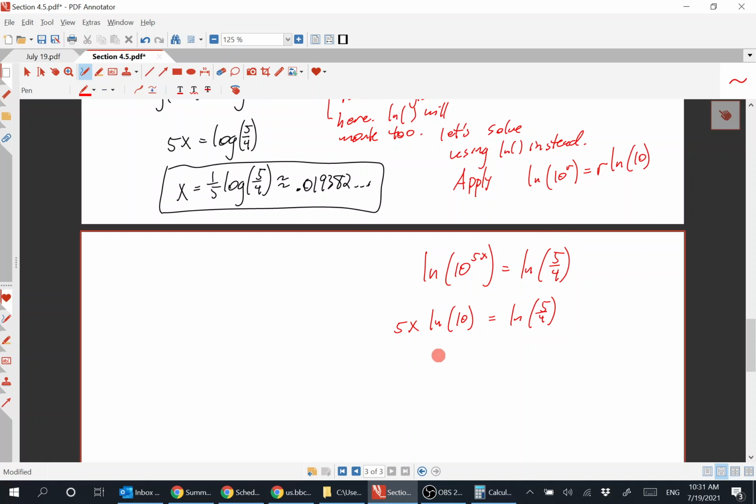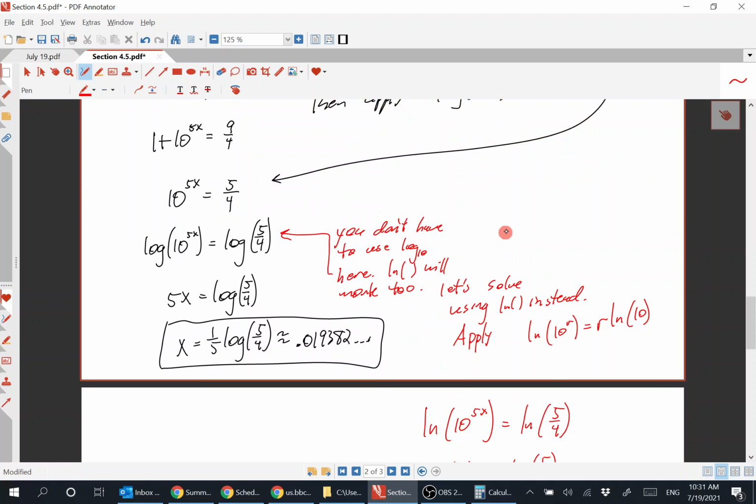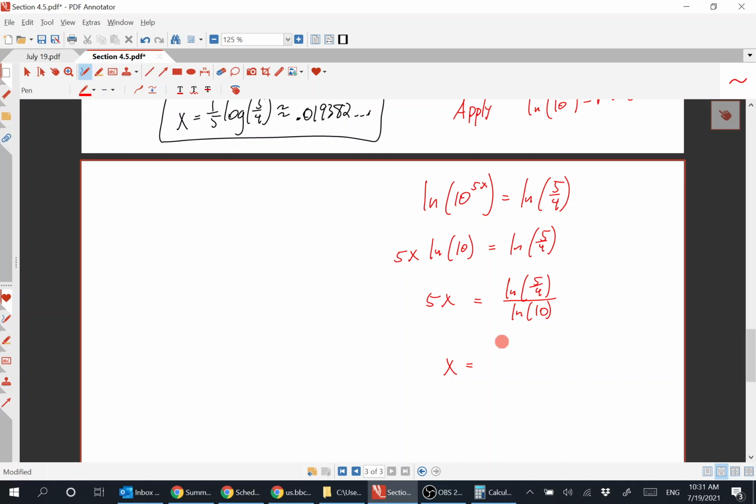And now you just divide. So I'm going to divide by natural log of 10. So 5x equals natural log 5/4 over natural log of 10. Now divide by 5. Whoops, I should have done it all in one go.